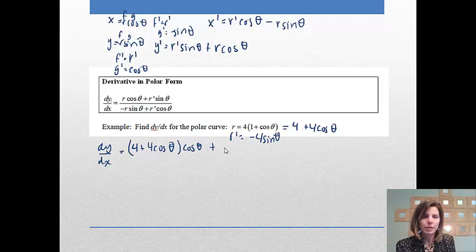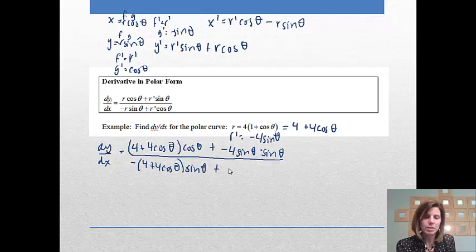So it'll be negative 4 sine theta times sine theta. And then over the dx would be negative r, so negative r will be 4 plus 4 cosine theta again, times the sine of theta, plus r prime, negative 4 sine theta, times cosine theta.